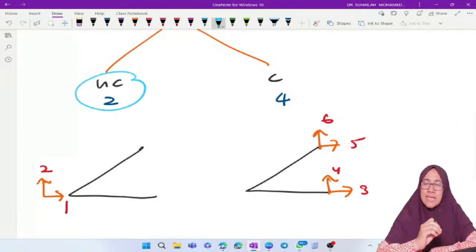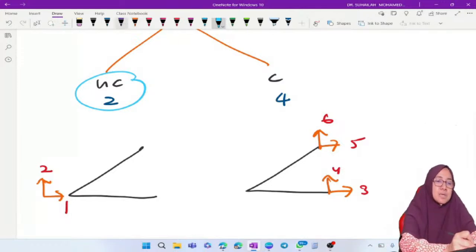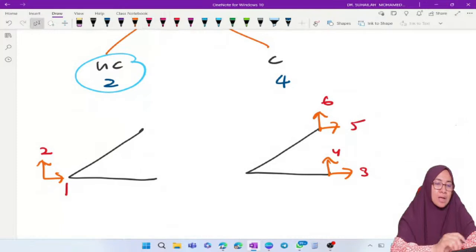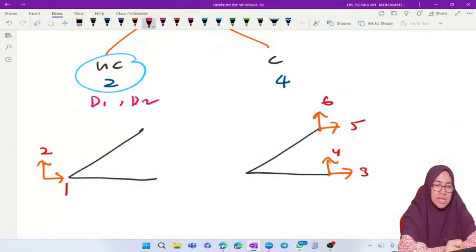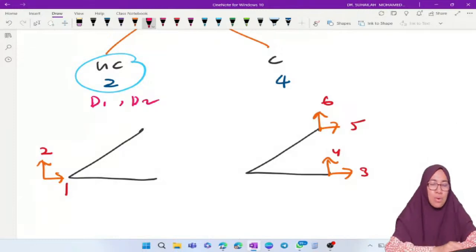That means there are 2 unknown displacements, D1 and D2. 1 and 2 represent D1 and D2, the unknown displacements.